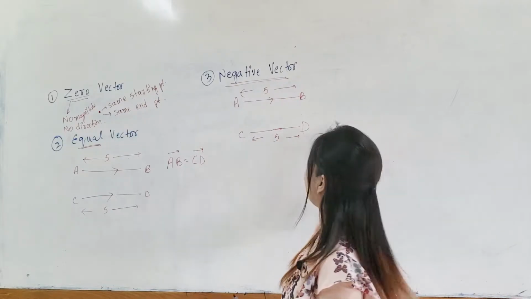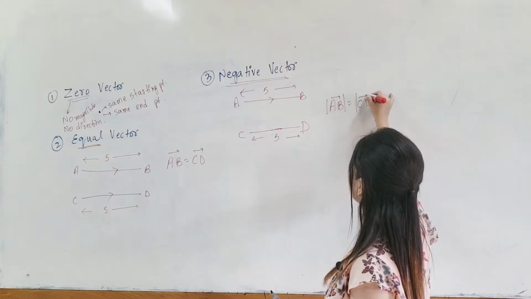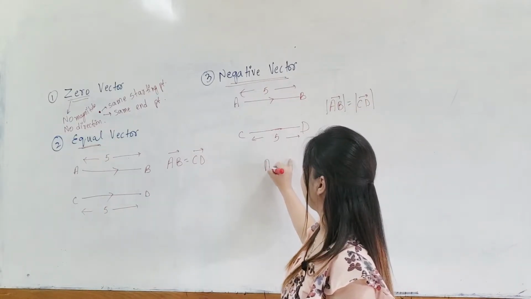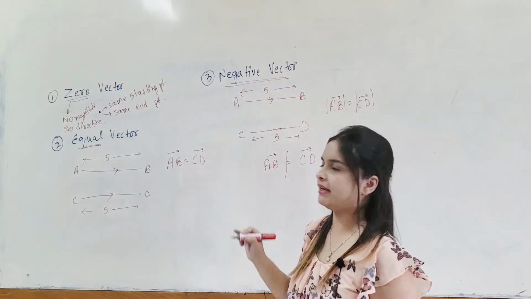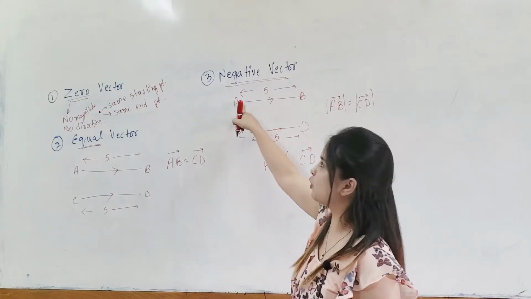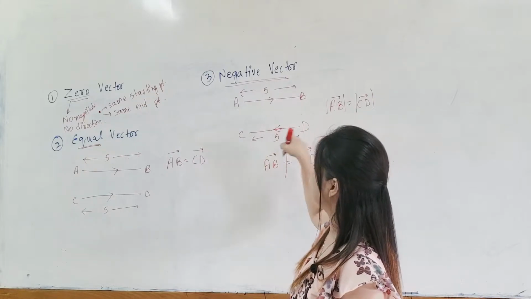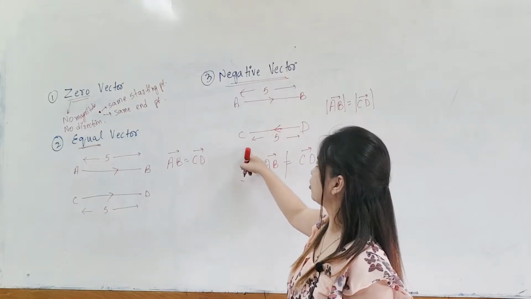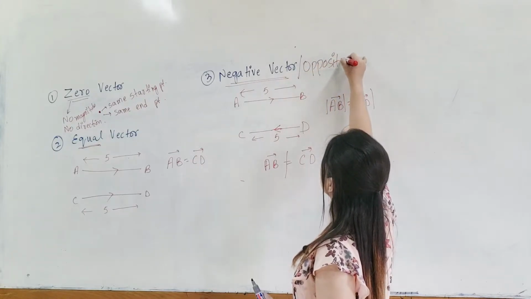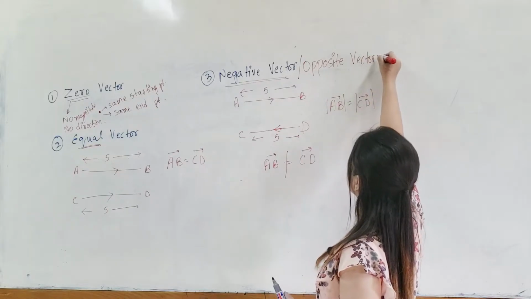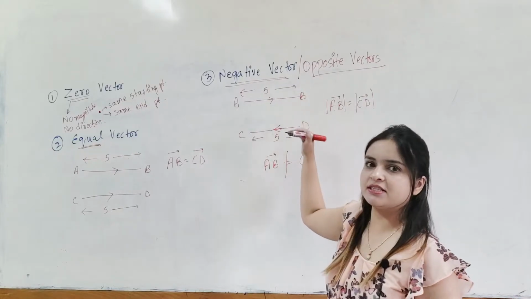Now, they have same magnitude. That means mod of AB is equal to mod of CD. But AB is not equal to CD. Why? Because the direction of AB is from A to B, but direction of CD will be from D to C. That is why they are called opposite vectors or negative vectors because their direction is opposite.